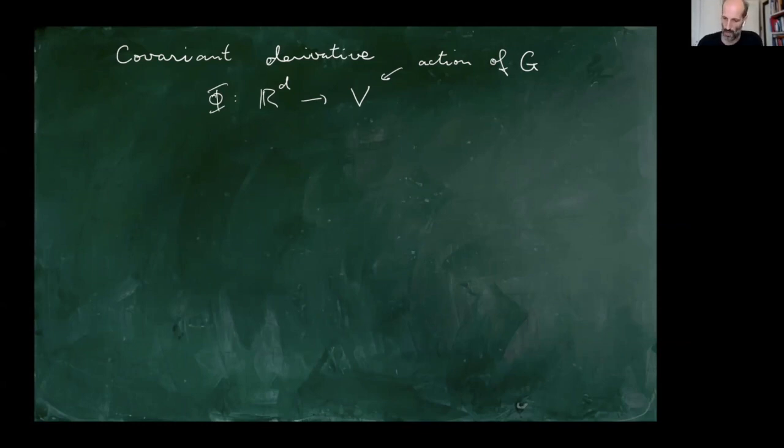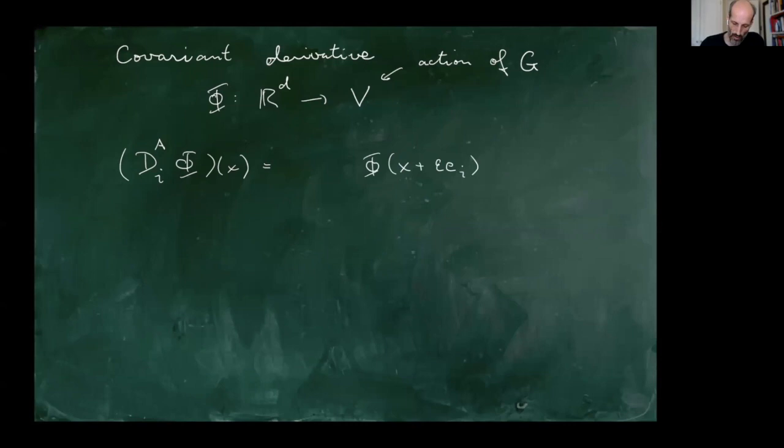And so the natural sort of derivative of phi, right, so this would be a derivative with respect to the A guy, well, at a point x, the idea is that, well, you take phi at x plus epsilon e_i, but then you transport it to x with your gamma, and then you compare it to phi of x, and then you divide by epsilon, and you take the limit as epsilon goes to 0, right?